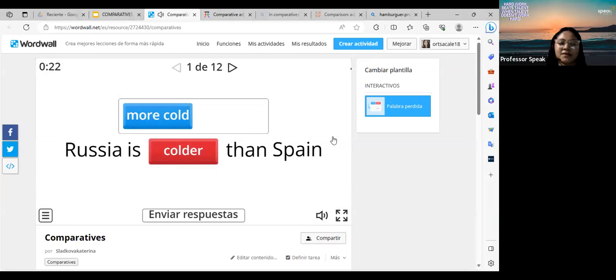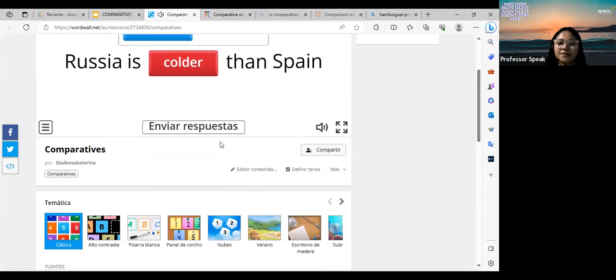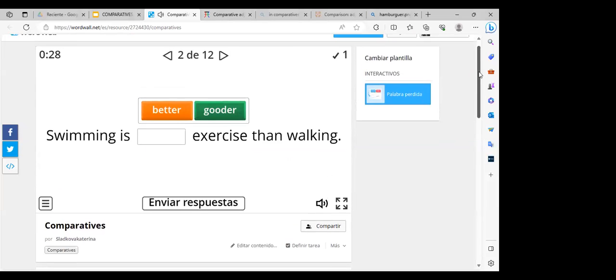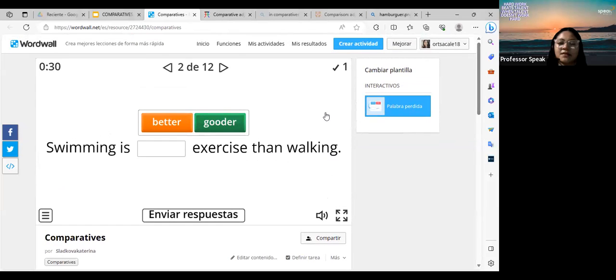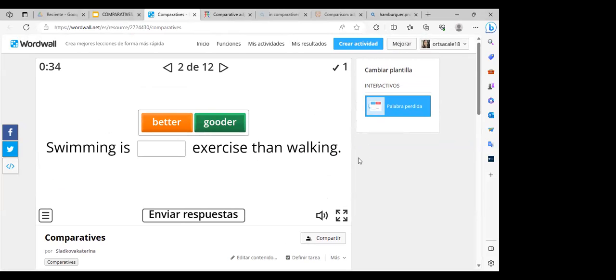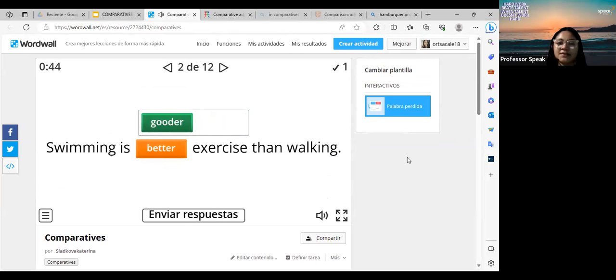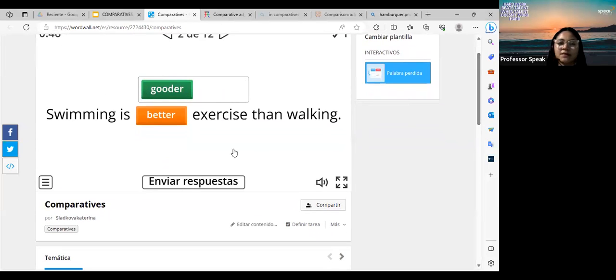Colder, very good. Okay, let's continue. Continue, Angel, with the other one. And try to read the sentence. Swimming is better exercise than walking. Very good. Better exercise than walking. There we have it. Thank you.